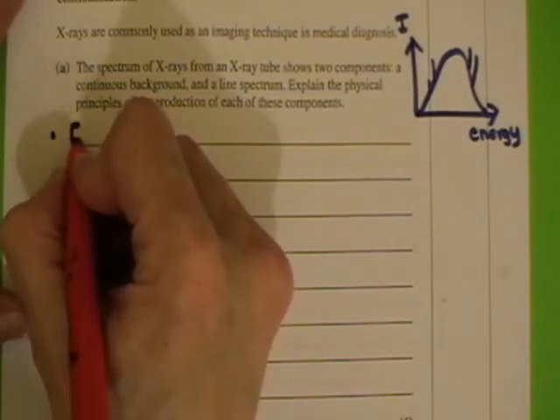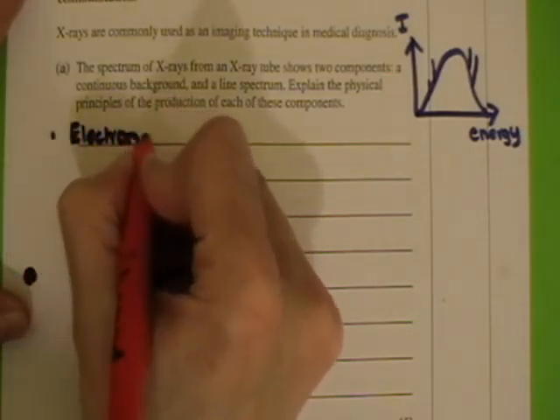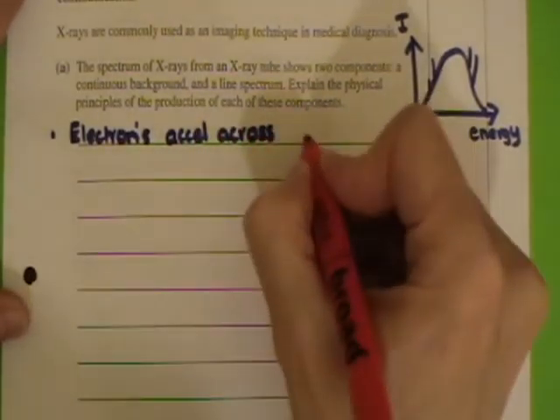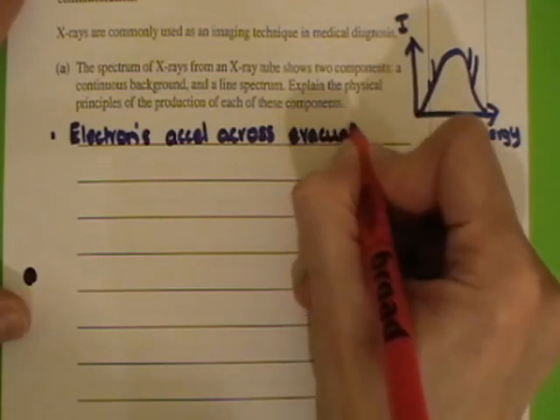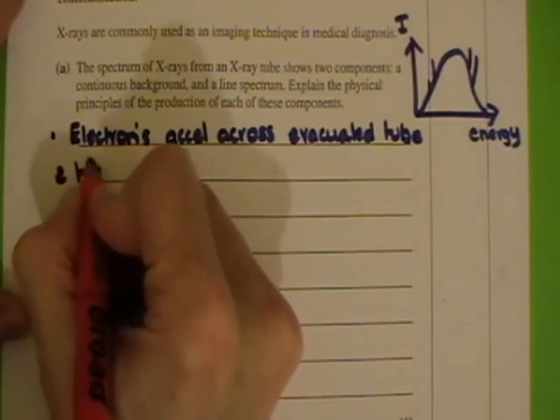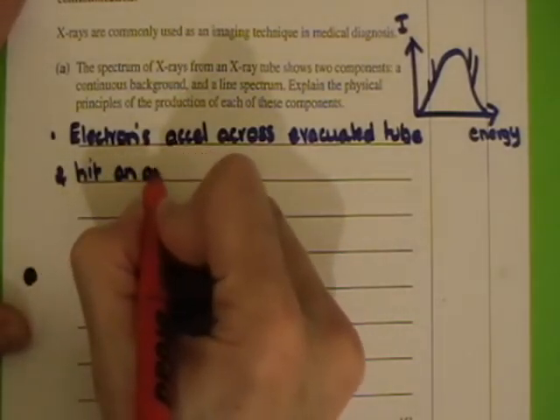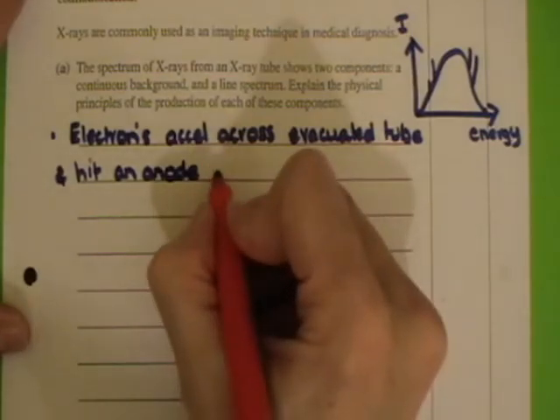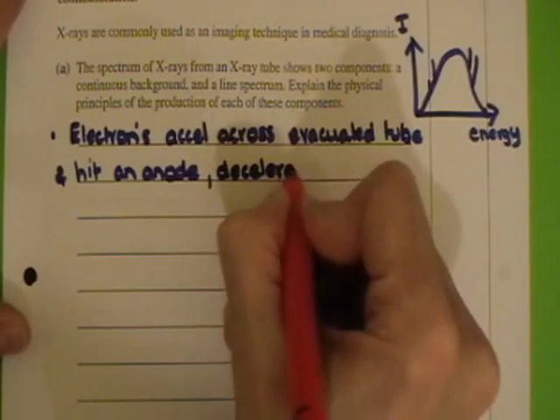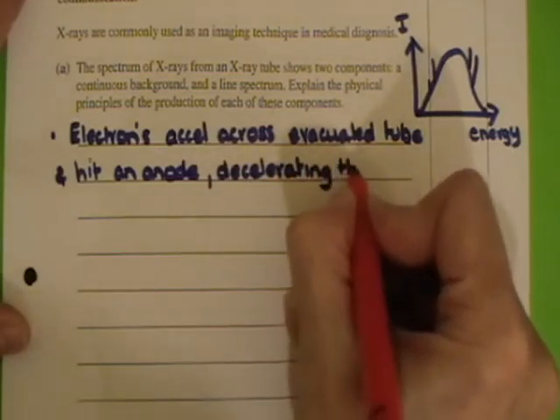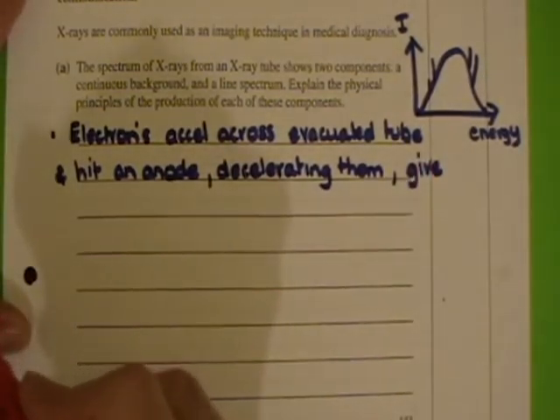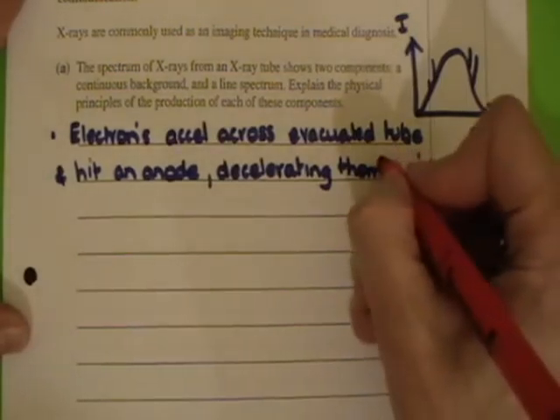You have electrons, and again I'm just going to write in bullet points because I haven't much room, accelerated across an evacuated tube or a vacuum, and hit an anode, which is usually made of tungsten. This decelerates them. So I think that's 1 mark there.